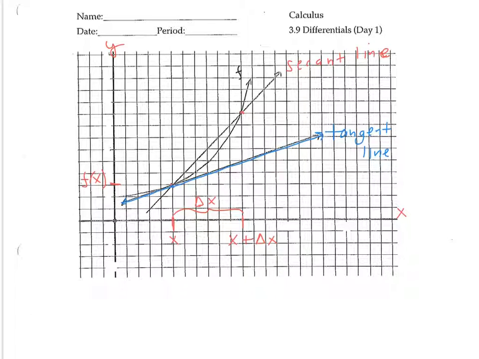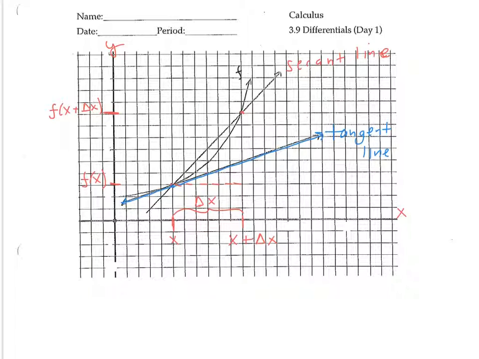And that means that up here at this point, we could find that value by doing f of x plus delta x. So for the secant line, we refer to this horizontal change as our delta x.